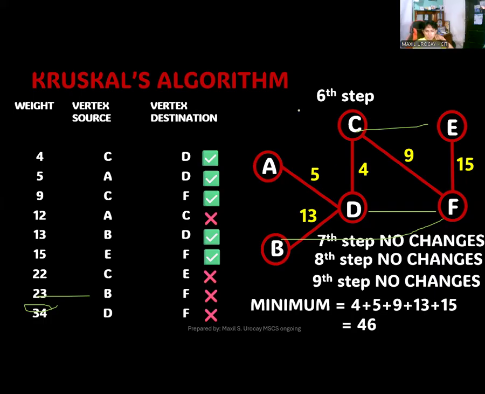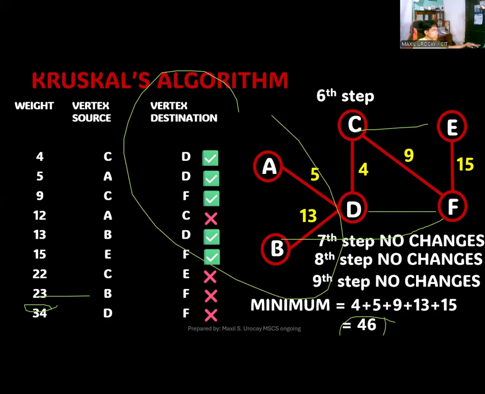Your minimum spanning tree for this example is 4 plus 5 plus 9 plus 13 plus 15, which equals 46. So you were able to identify the minimum spanning tree, and we are done with that.